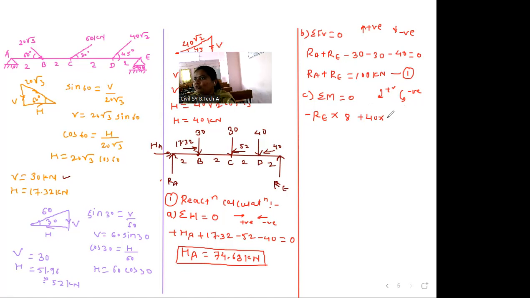So 40 into 6 meter plus 30 into 4 meter plus 30 into 2 is equal to 0. We will shift RE into 8 to the right side. So 40 into 6 plus 30 into 4 plus 30 into 2. How much? 420 only.